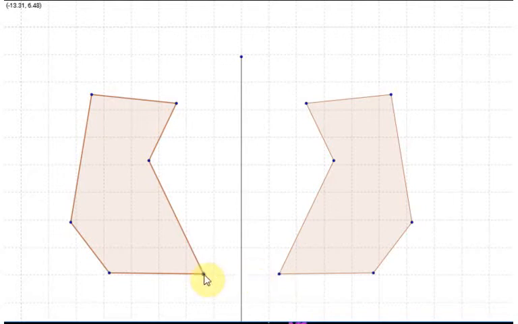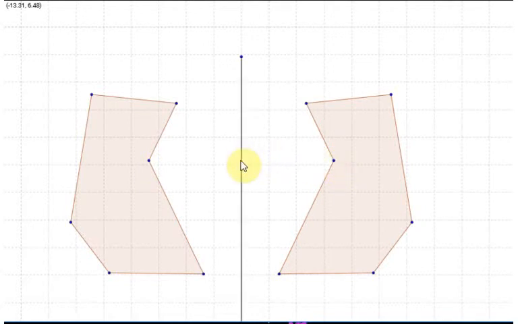So if I draw a line here, first of all, they are going to be perpendicular to this line of reflection, and the distance from this point to this point will be equal to the distance from this point to this point. So we talk about the corresponding points. This point corresponds to this point. This point here corresponds to this point. So the distance from here to here will be equal to the distance from here to here.